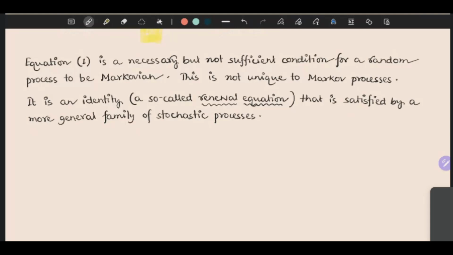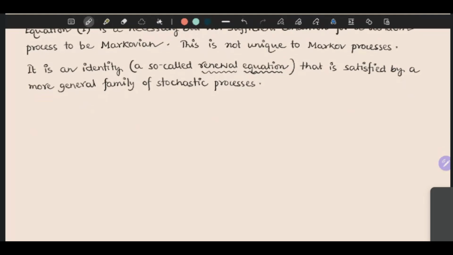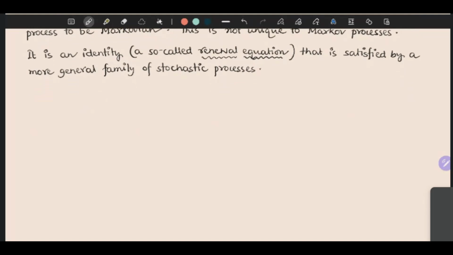Now here we are only talking about Markov processes, so we will talk about that.